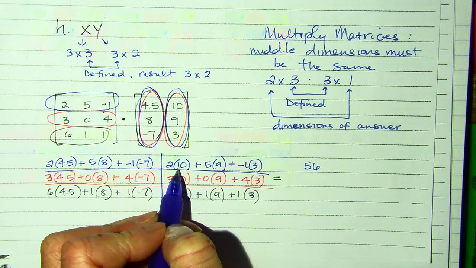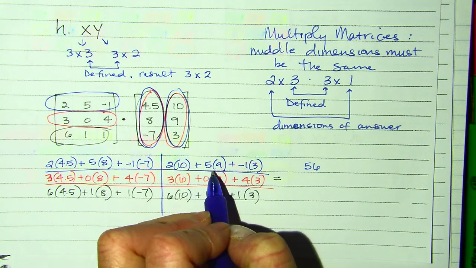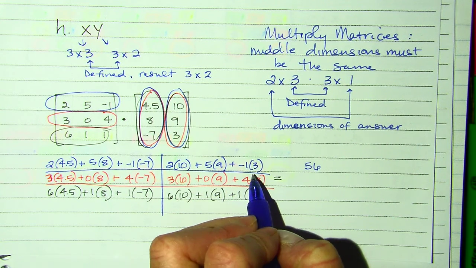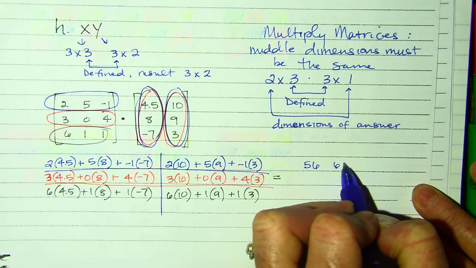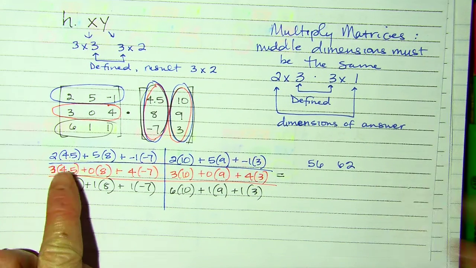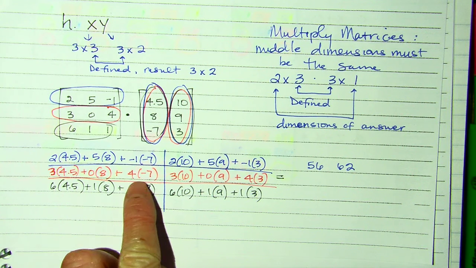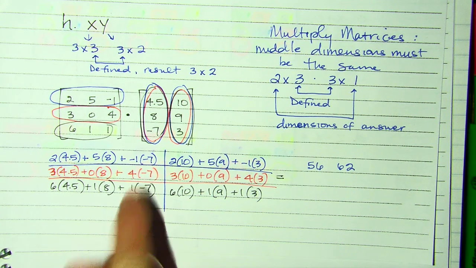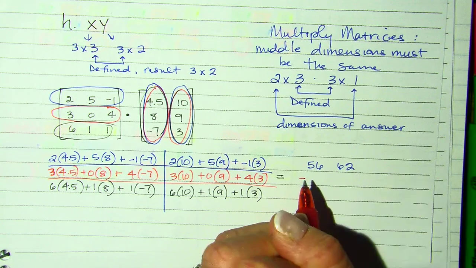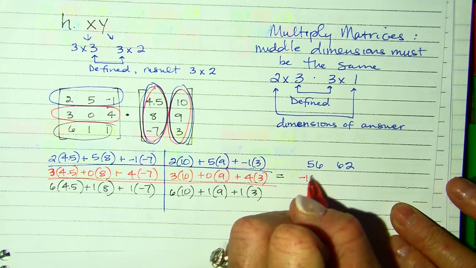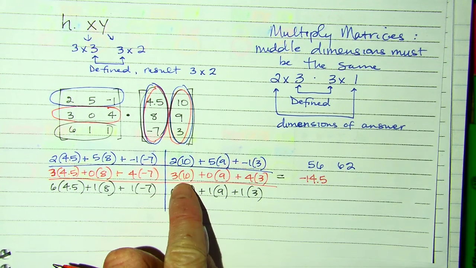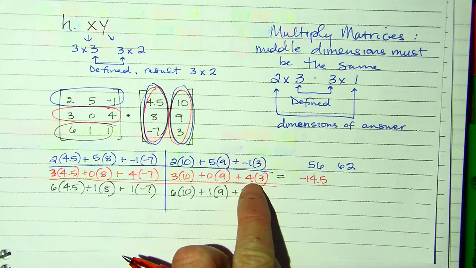That's 20. 2 times 10 is 20 plus 45 plus negative 3. I get 62. Next, 3 times 4.5 plus 0 plus negative 28, and I get negative 14.5. 30 plus 0 plus 12.